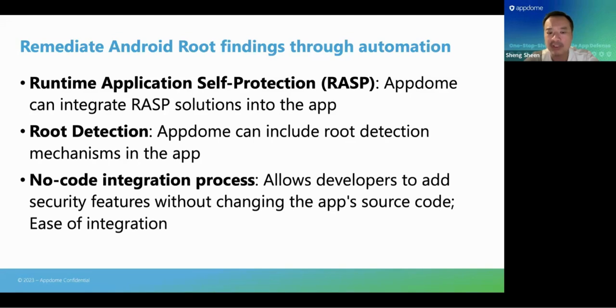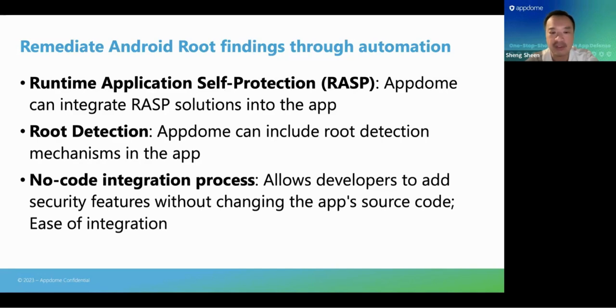Appdome also protects against rooted devices specifically. Root detection is a valuable feature provided by Appdome. With Appdome, you can integrate root detection mechanisms as simply as enabling it in the console or via our API. We also have plugins if you happen to use CI/CD tools like Jenkins, GitHub, GitLab, Harness, or CircleCI.